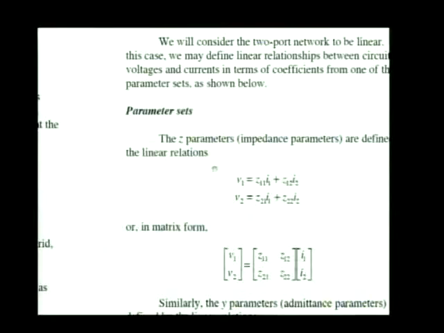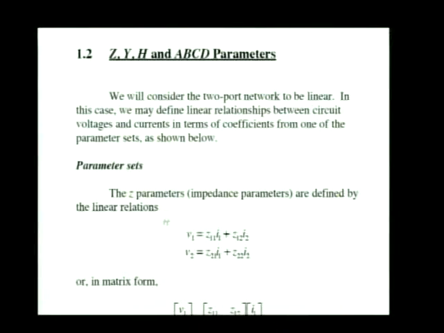Okay, let's talk about the different low frequency parameter sets. This will serve as an introduction to the scattering parameters that we're going to be making the most use of.